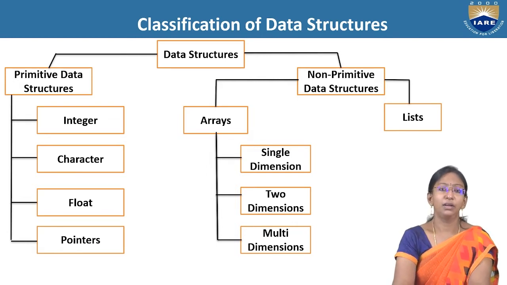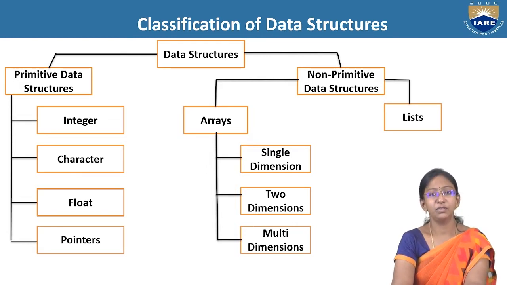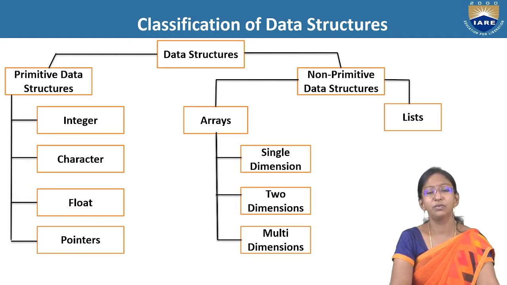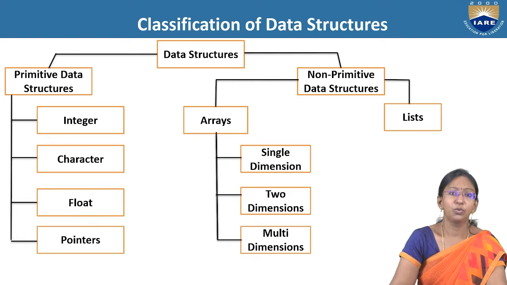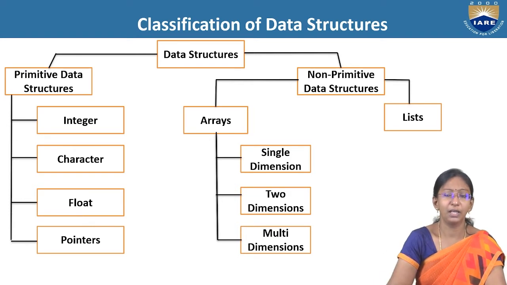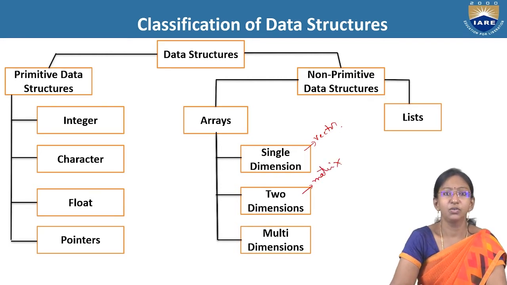If there are 10 elements, all 10 elements will be placed one after the other in the memory. In arrays, you can have a single-dimensional array, also known as a vector, a two-dimensional array, generally known as a matrix, and multi-dimensional arrays. So in three different ways we can work with arrays.